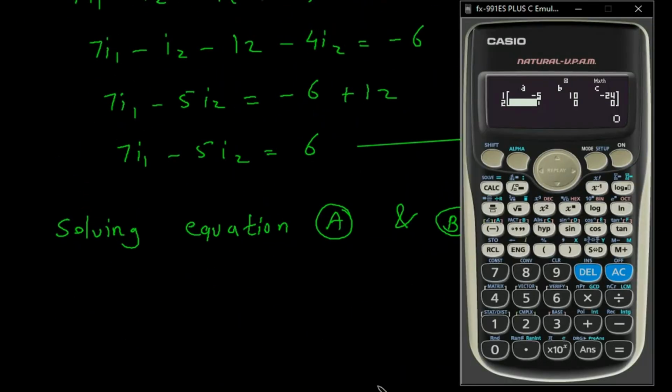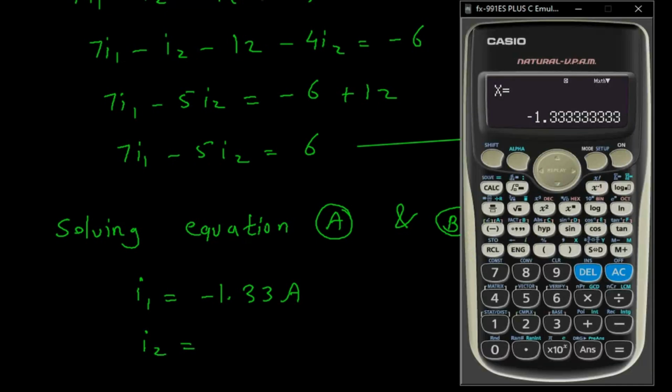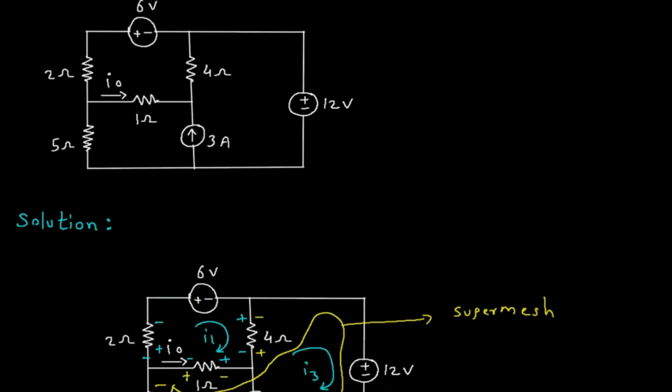Equation B: 7, minus 5, 6. Therefore, I1 is equal to minus 1.33 ampere and I2 is equal to minus 3.066 ampere.